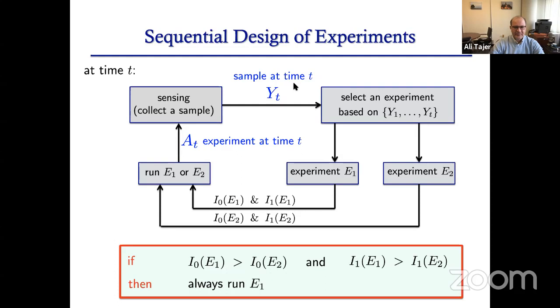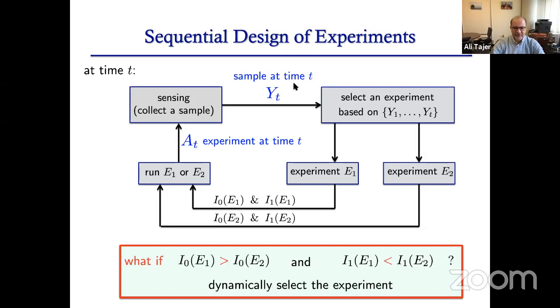Now, in this example, if information measures under E1 both dominate the information measures under E2, then the choice is trivial. Remember that we're always interested in experiments under which the information measures are maximized. So if experiment 1 is giving us higher measures, we always continue running experiment 1. That is a trivial case.